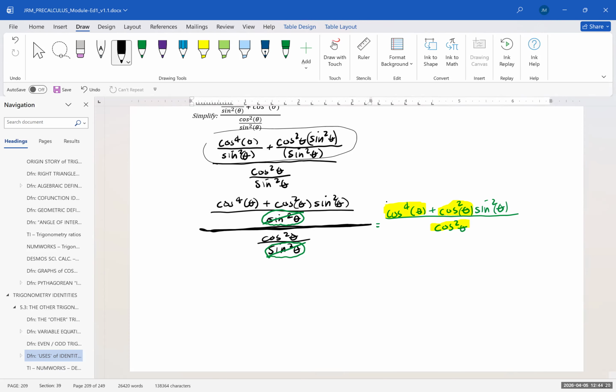So let's change this cosine to the fourth. We can write that as cosine squared theta times cosine squared theta, just like that. And what that'll let us do is finally cancel this cosine squared theta with one of these and one of those. And that leaves us with just this.